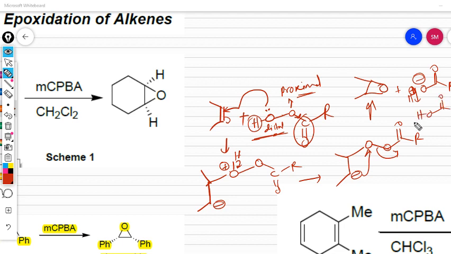So from the peracid, the final outcome will be the acid as well as the epoxide.